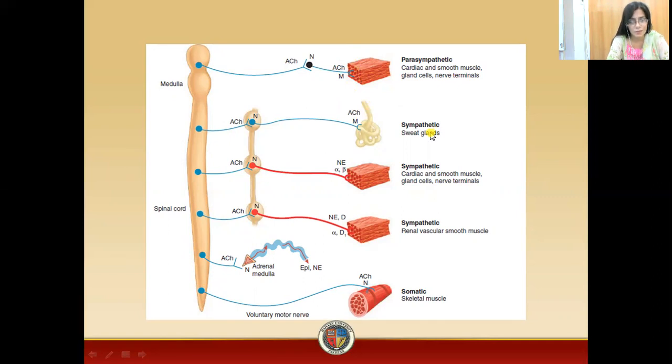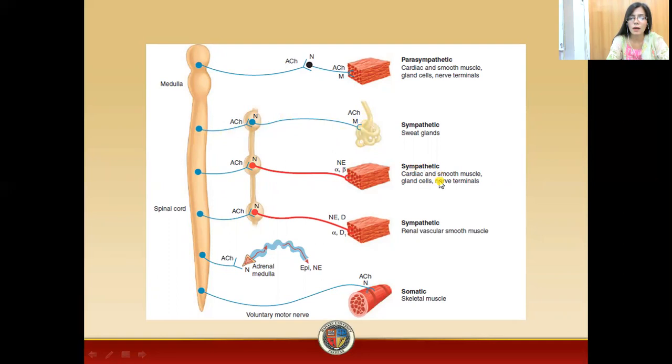In case of the sympathetic, particularly in case of sweat glands, we have an exception that this postganglionic fiber is releasing acetylcholine, but this preganglionic fiber is basically close to the spinal cord. That is, it has a shorter length, but the postganglionic nerve has a longer length, and it is innervating the effector organ where it is releasing the acetylcholine, and this acetylcholine is actually acting on the muscarinic receptor.